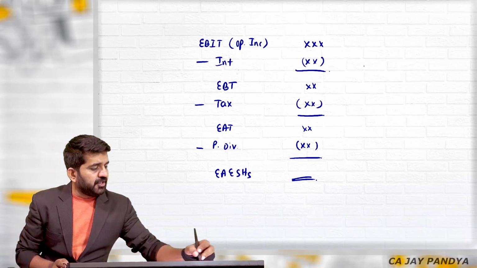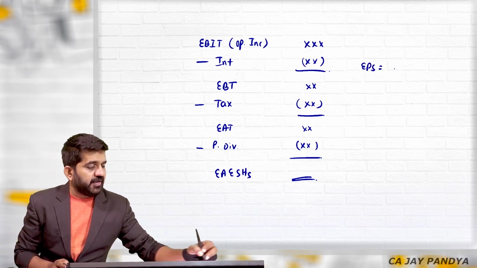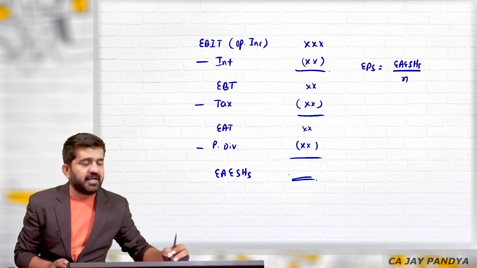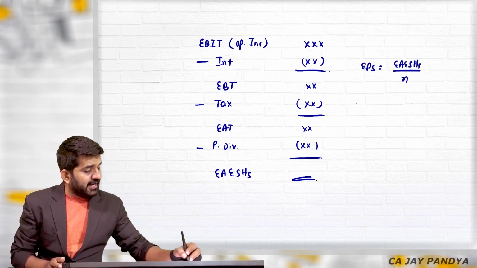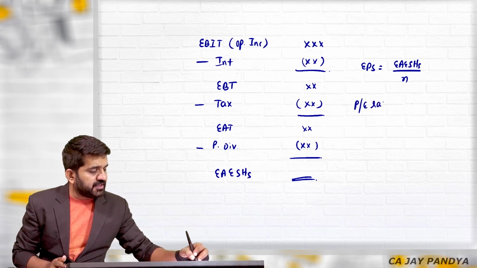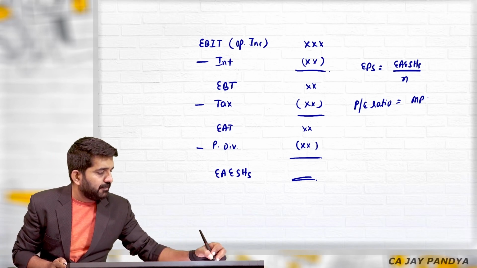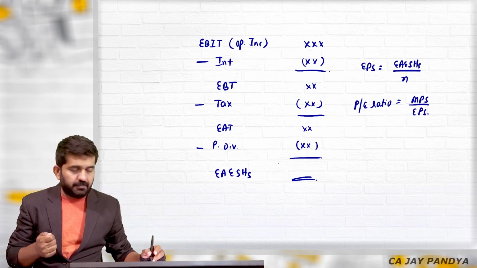Once I get earnings available to equity shareholders, I can find out EPS by earnings available to equity shareholders divided by number of shares. And if PE ratio is given, what is PE ratio? Very simple. It compares market price per share with earning per share.